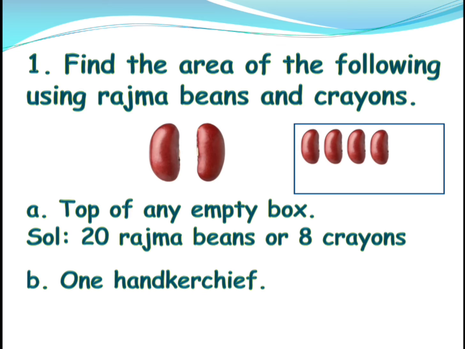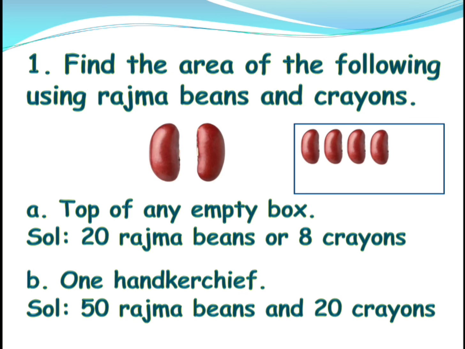Count all those rajma beans, and then do the same with crayons, count all the crayons and write it down. For me it was 50 rajma beans and 20 crayons because my kerchief is a little bigger. For your handkerchief, how many rajma beans and how many crayons did you fill the kerchief with? Count it and write it.